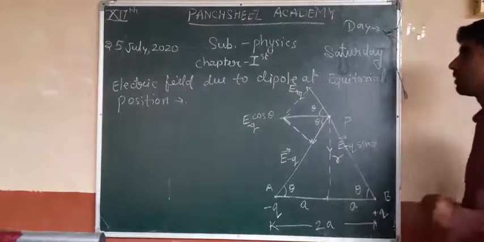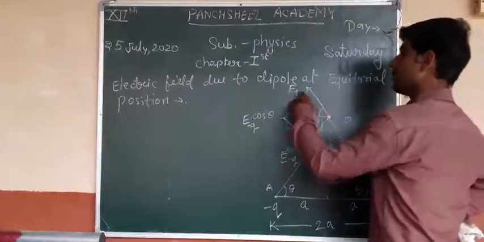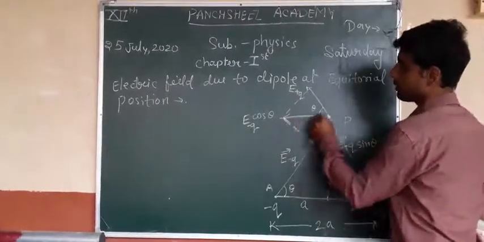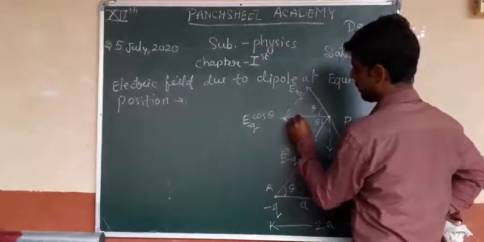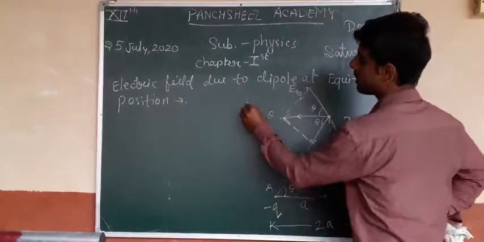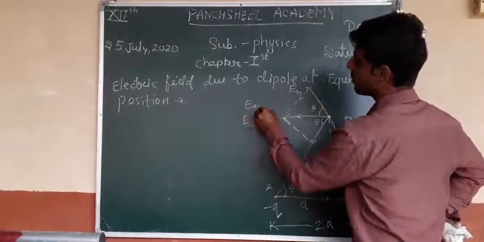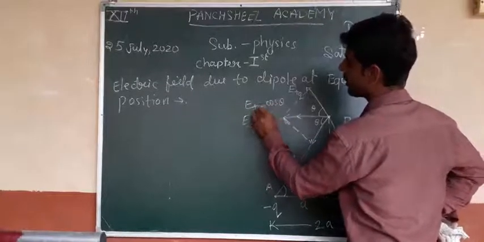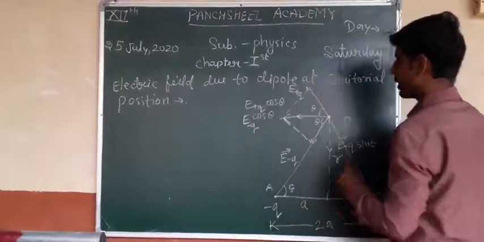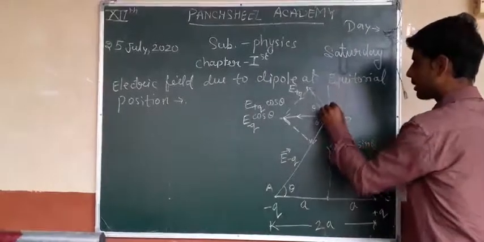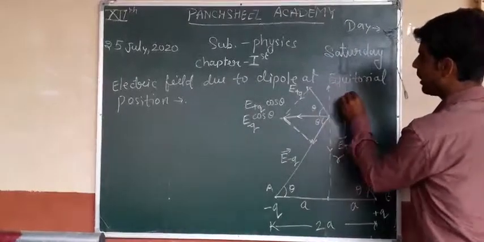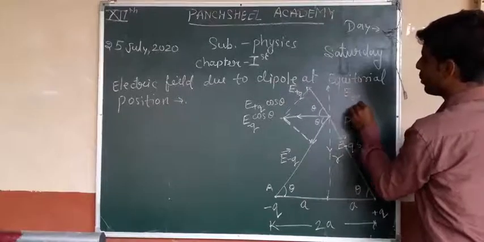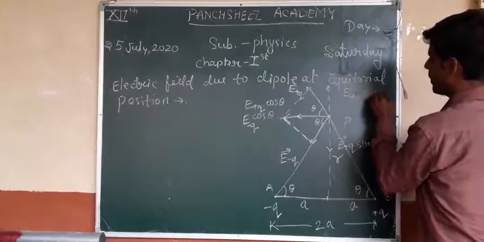Okay, now this is the value of E plus q, so this is the horizontal. So one more component, that is E plus q cos theta, and another component, this is E plus q sin theta.